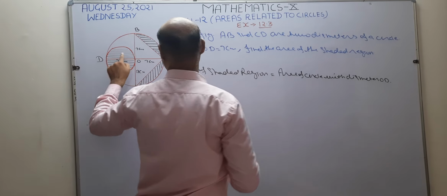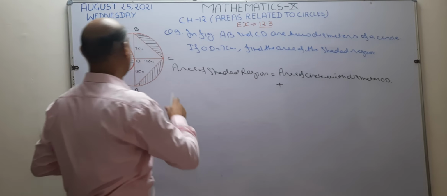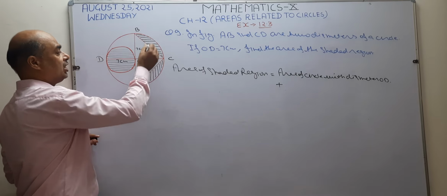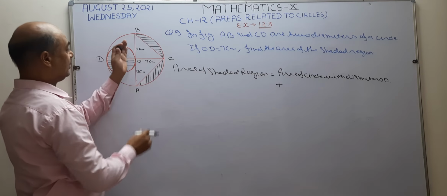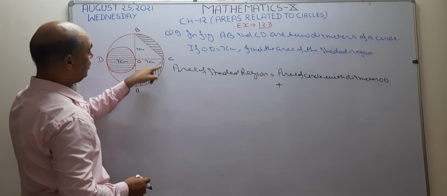Whose diameter is OD, I take this area. Plus this area of the semicircle. From the area of the semicircle, I want to subtract this area of the triangle. If I subtract the area of this triangle from the area of this semicircle, then the shaded portion is left.